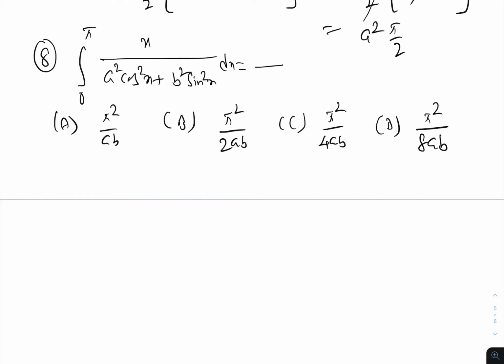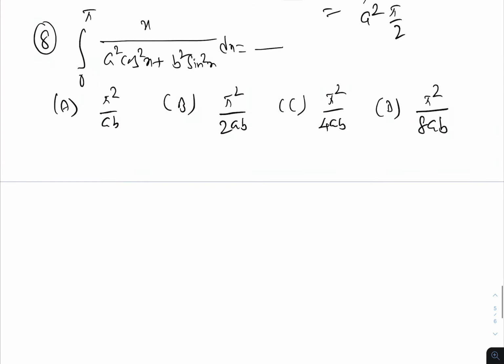Now see here, we are using the property that integration 0 to a f(x) dx is the same as integration 0 to a f(a minus x) dx.